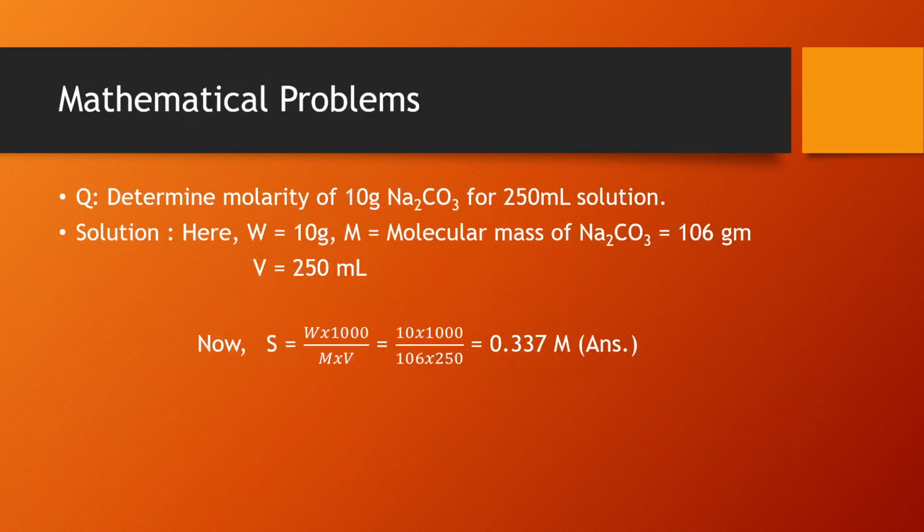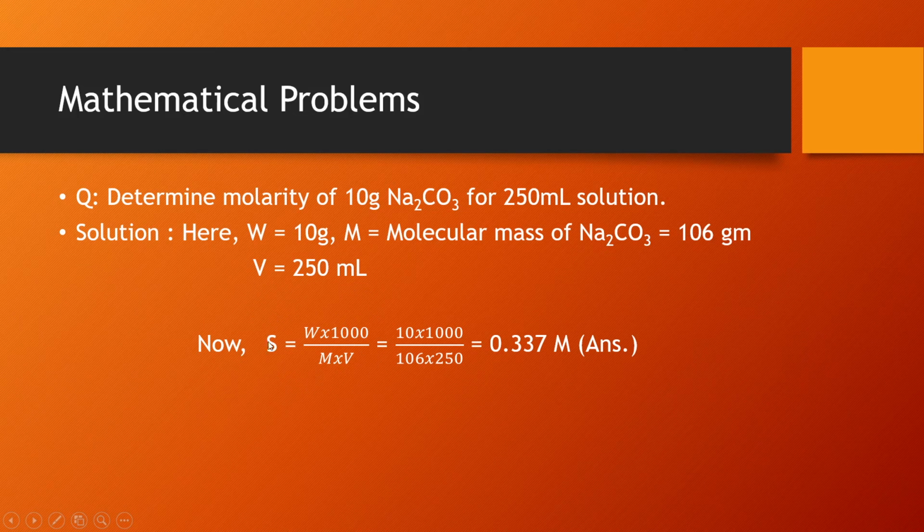Now let's see some examples. Determine molarity of 10 gram sodium carbonate for 250 ml solution. Here W is given, and we can determine M, the molecular mass of sodium carbonate, by calculating the atomic masses, and V is given here. So W, M and V are given.